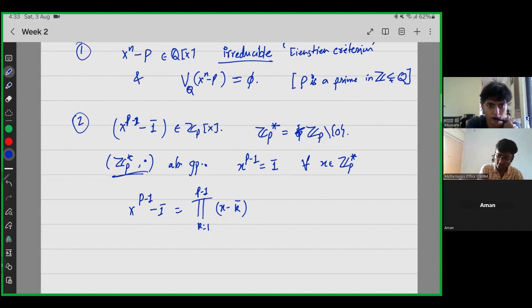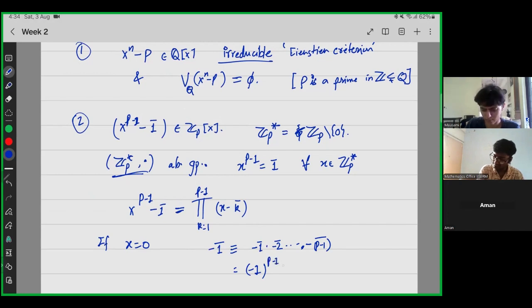So if you see from this factorization, if you put x equal to 0, what happens? On the one hand, you have minus 1 bar. On the other hand, you have minus 1 bar into minus 2 bar and so on into minus (p minus 1) bar. And this is nothing but minus 1 to the power p minus 1 into (p minus 1) factorial.